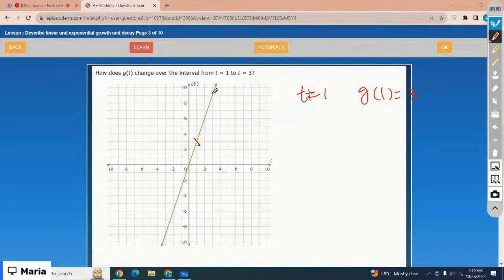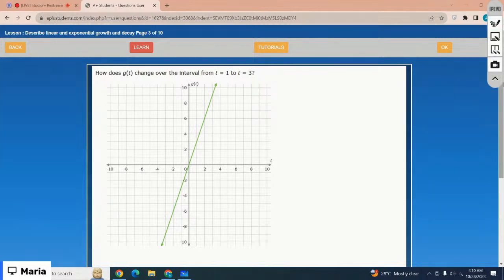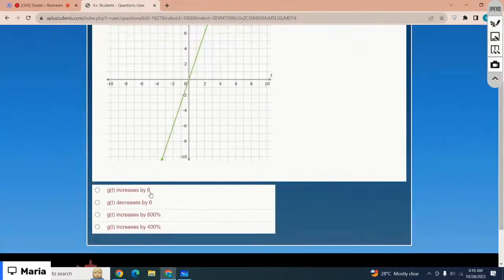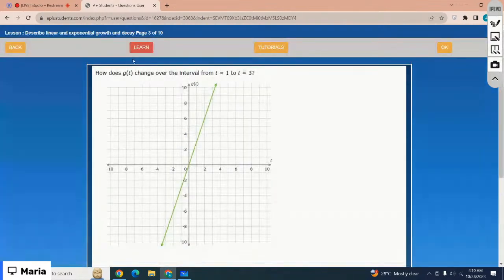When t equals 3, g of 3 equals 9. So again the function g of t increases by 6. Got it? The correct option is g of t increases by 6. Okay, you can complete the lesson by yourself later today. Let's move on to the next lesson.